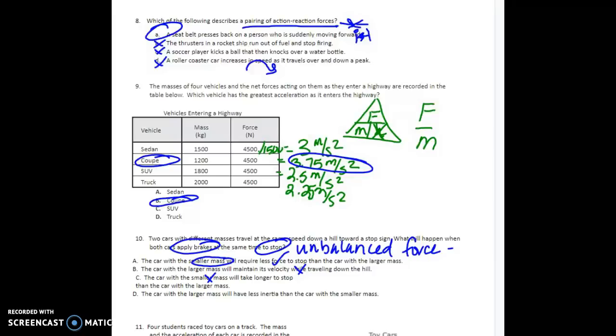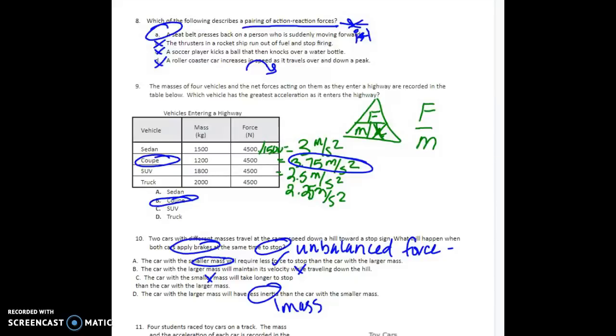And we know that if we're applying the same force to both objects, the smaller mass would stop faster because it would have a greater acceleration than the car with the larger mass. And D, the car with the larger mass will have less inertia. Well, inertia is based on mass, and the larger mass has more inertia. So that is an absolute false statement, so our best answer is A.